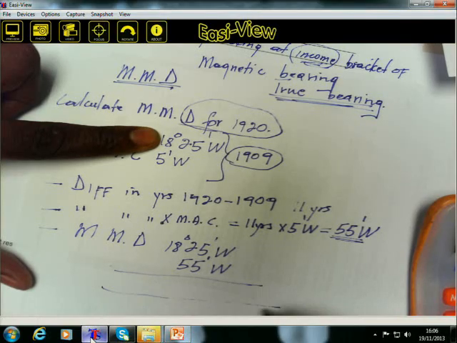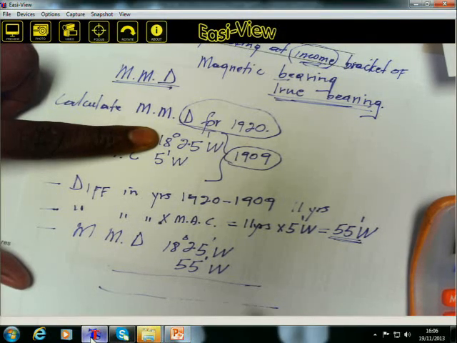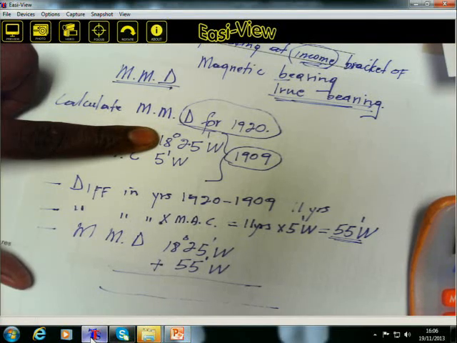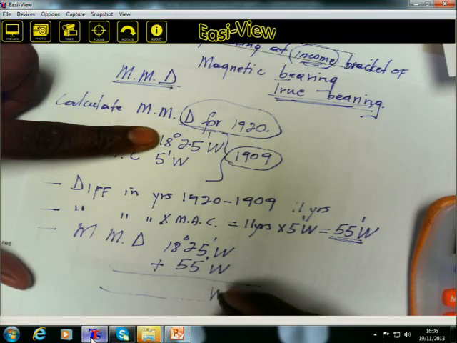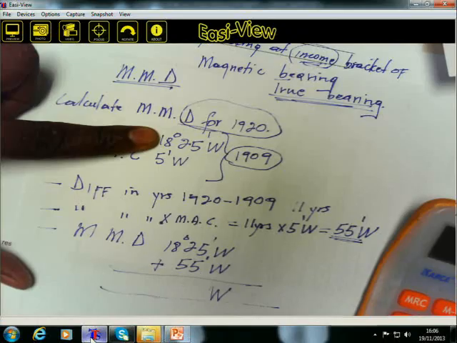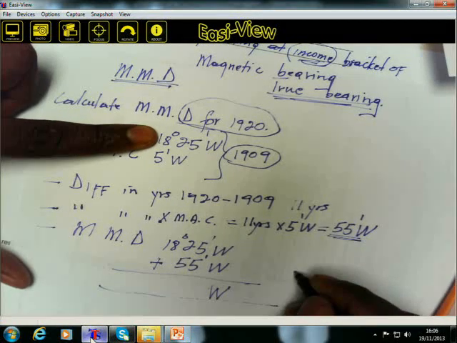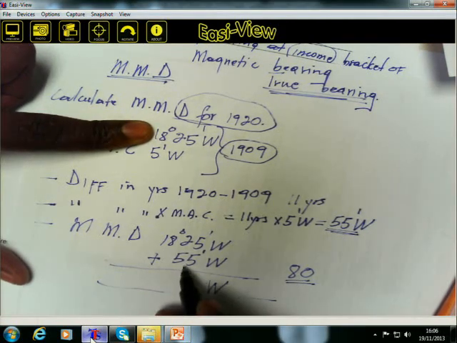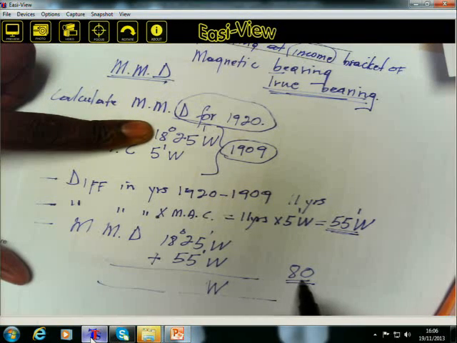When I started, I said there are 3 rules. West and west, you must add. West and east, you subtract. Answer always to the west. Now, I must add 25 plus 55 gives me 80. Remember, your minutes can never be above 60.